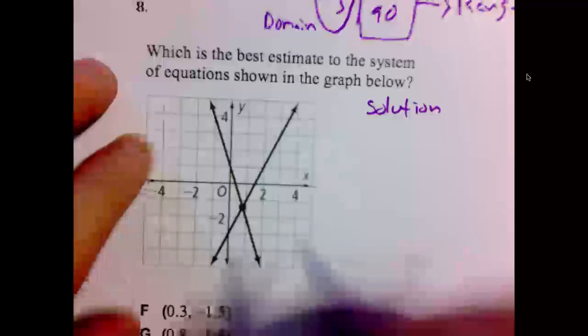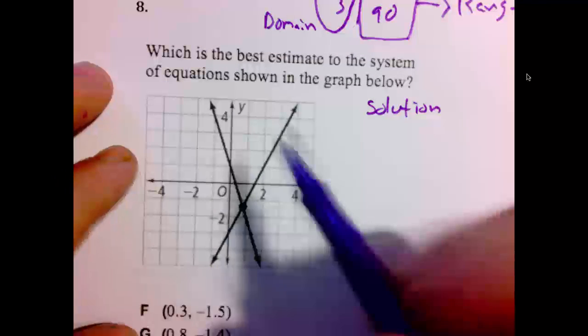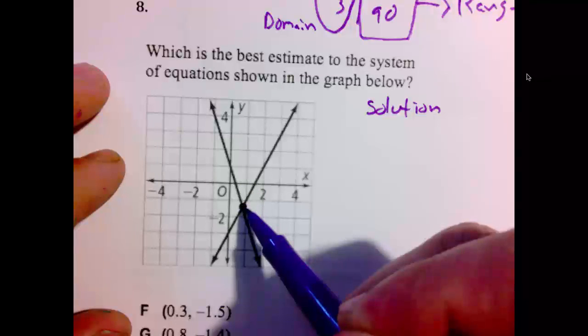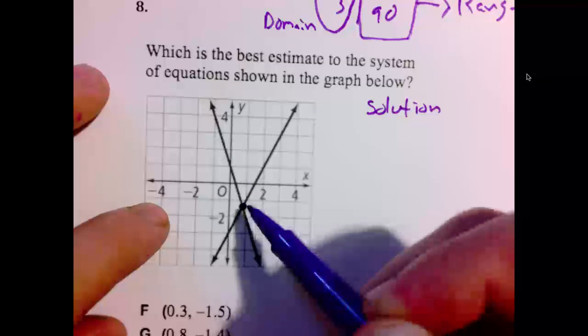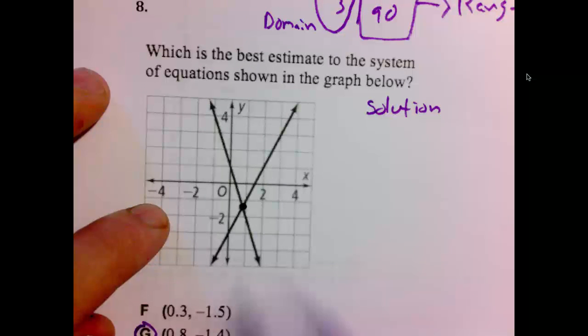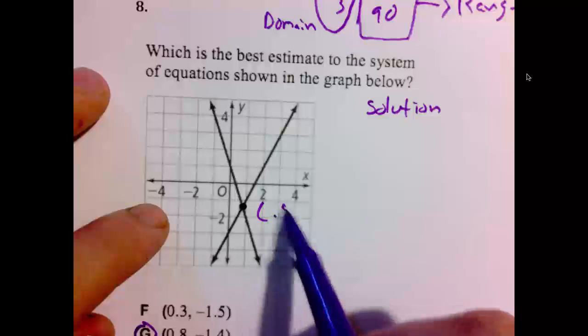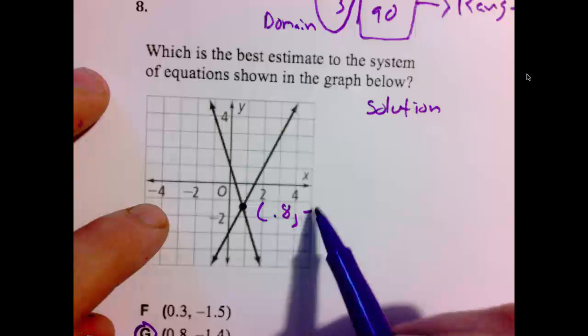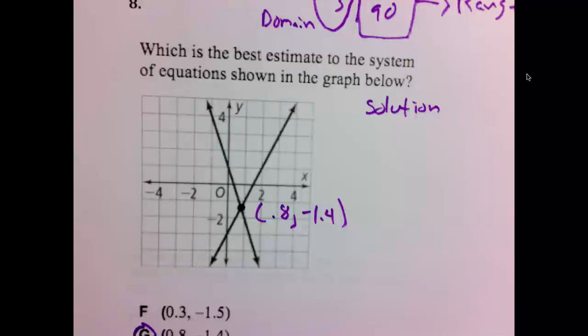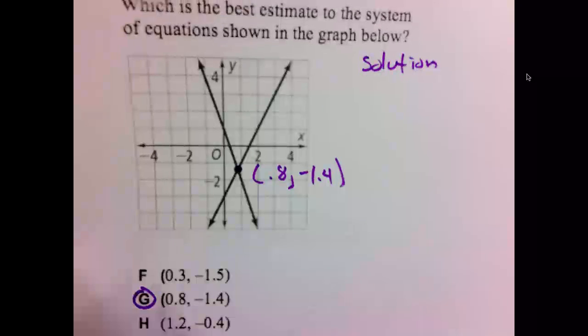Well, the solution is this point, and it appears to be slightly less than 1, slightly more negative than negative 1. Looks like G. This point would be 0.8, comma, negative 1.4. Number 8 is G.